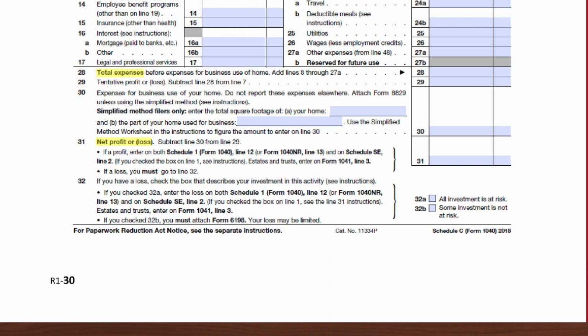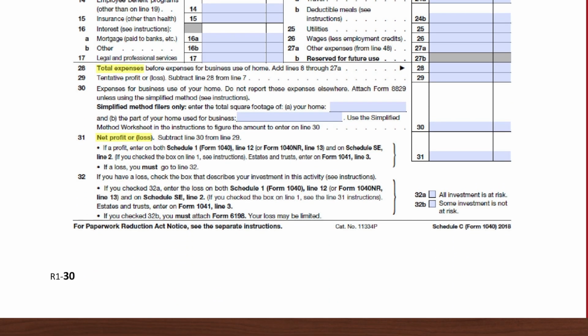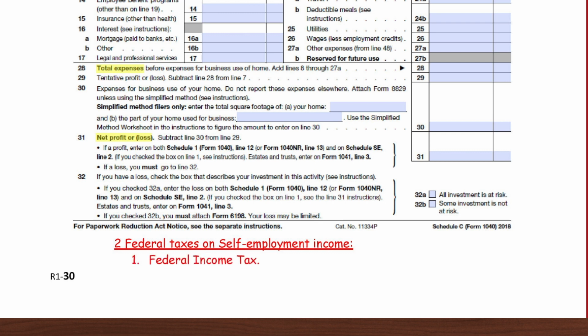A little note at the bottom of the page, right there. There are two federal taxes which are paid on self-employment income. Number one, of course, is the federal income tax. And number two is self-employment tax, which is computed on, put that in brackets, Schedule SE.